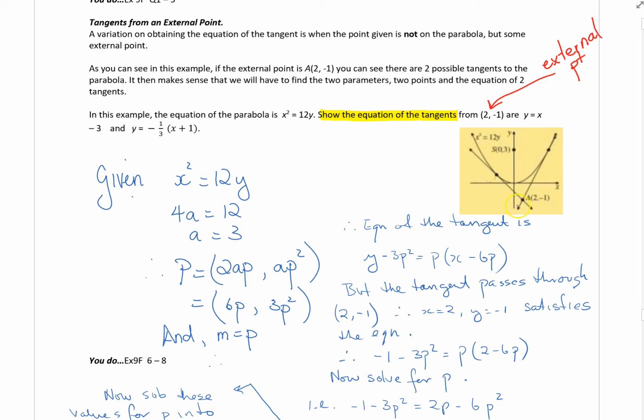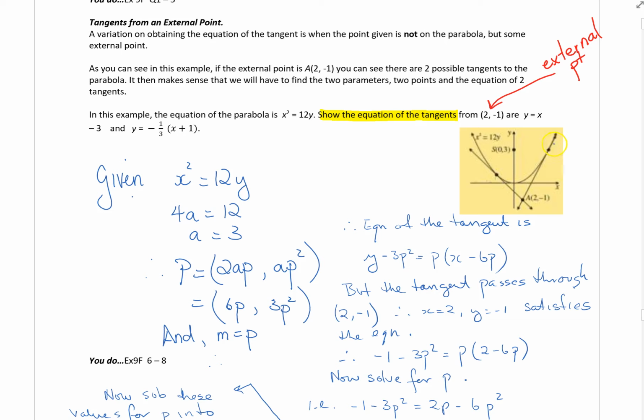Our external point, in this case, is given, its x value and its y value. Obviously, from an external point, there are going to be 2 tangents to the parabola.